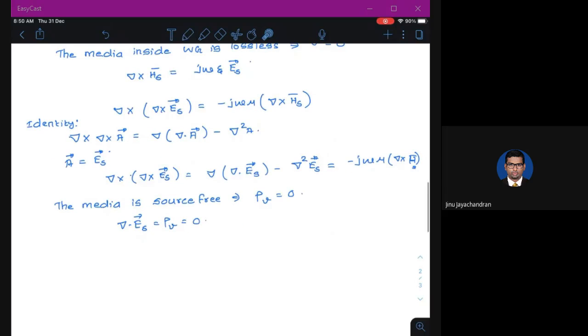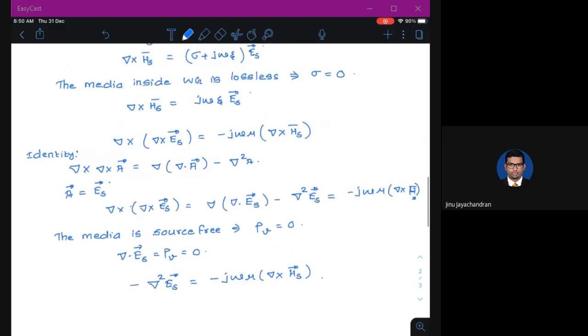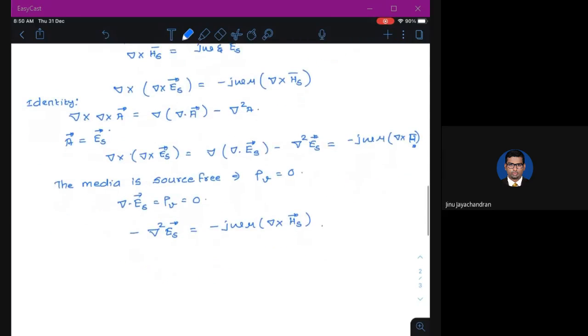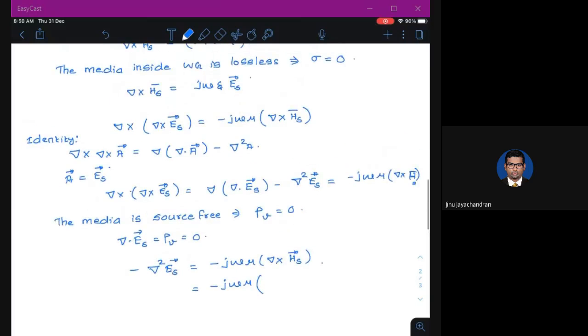So I can write minus del square Es is equal to minus j omega mu into del cross Hs. Now del cross Hs is j omega epsilon Es. So this is equal to minus j omega mu into j omega epsilon Es, I substitute it here.